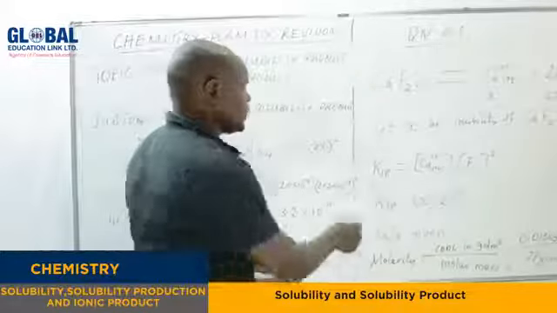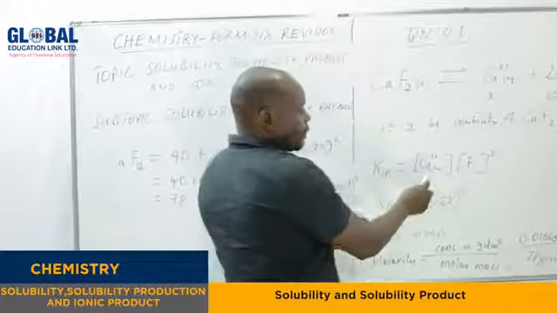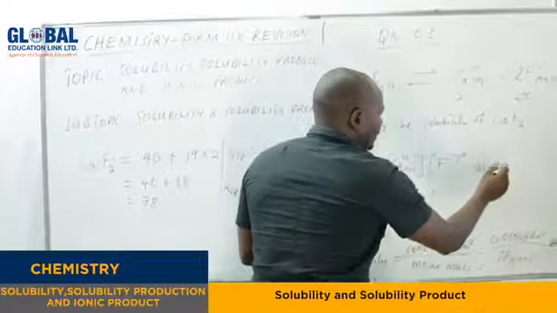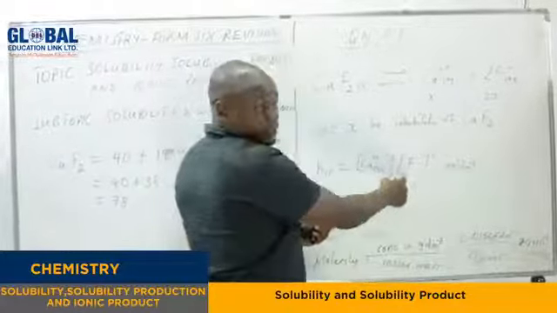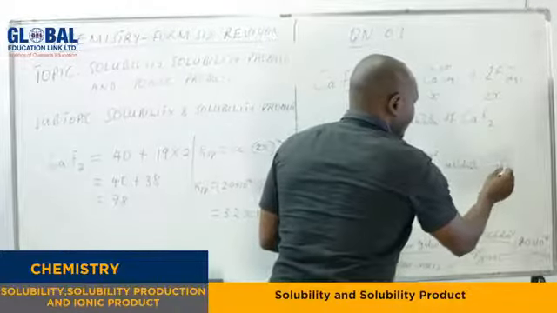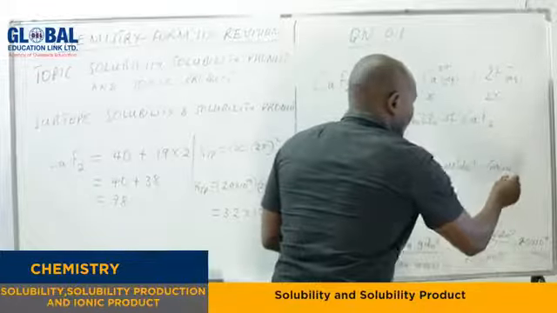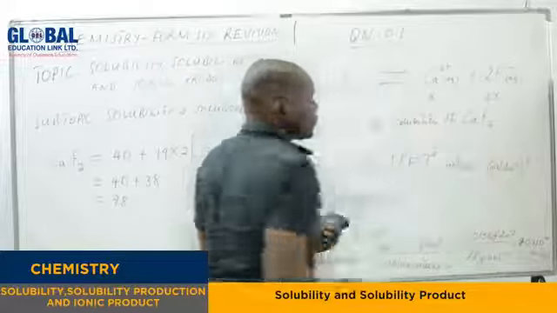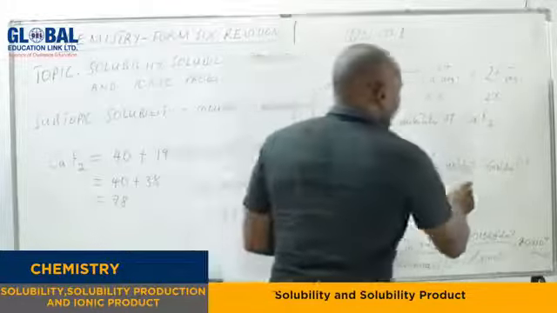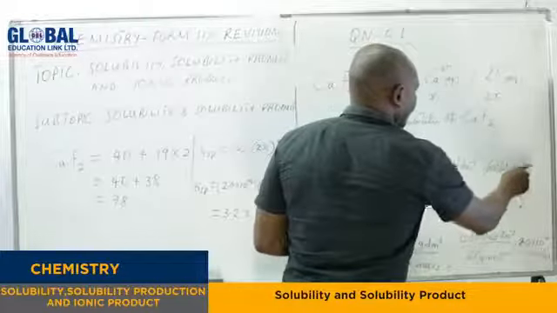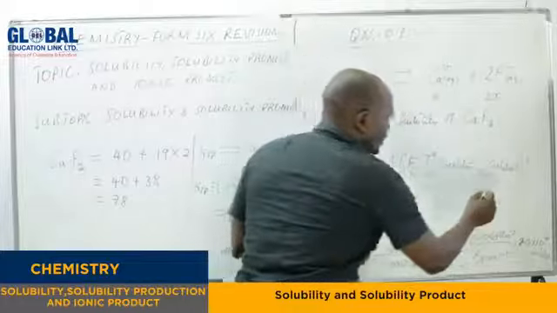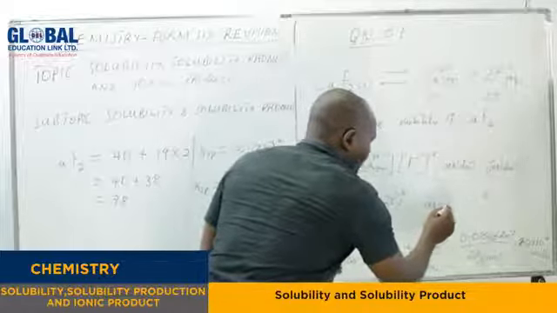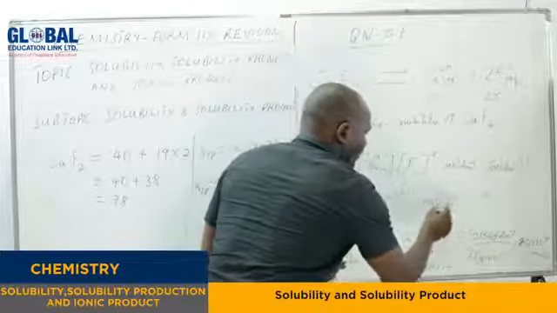Here, our concentration for calcium is in moles per decimeter cubed, and the concentration of fluoride ions is also in moles per decimeter cubed, but this one is squared. So the powers add, 1 plus 2, which gives 3. So it is the same as taking moles per decimeter cubed, raised to power 3.